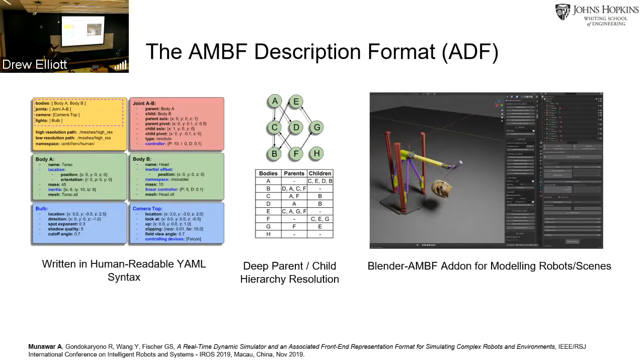To support kinematically retuning robots, the ADF also does not enforce any hierarchy. So you can really have joints and links in any order, and AMBF will internally create this deep hierarchy when loading the AMBF description file. And it will check for loops and different pathways to different children.